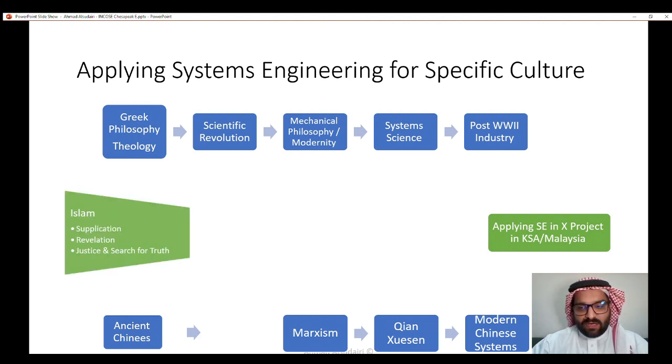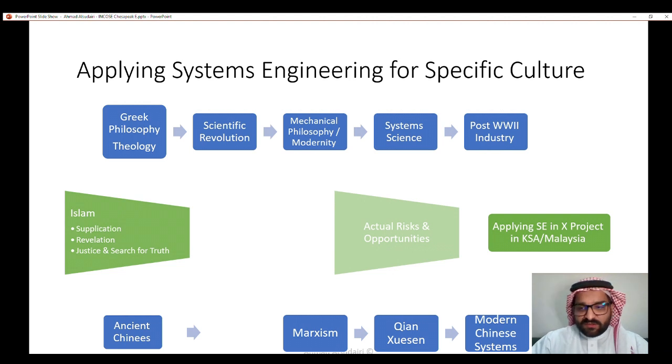So our roots are the Islamic perspective. Islam is submission. It's directed by the revelation from God, Allah. The objective of Islam is justice and the search for truth.